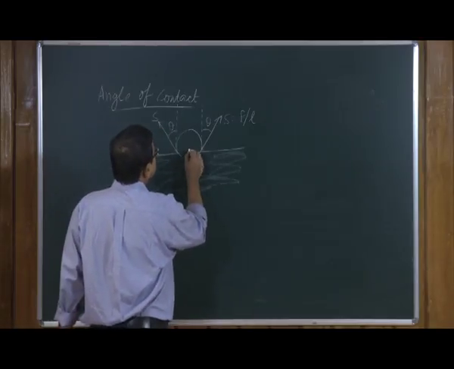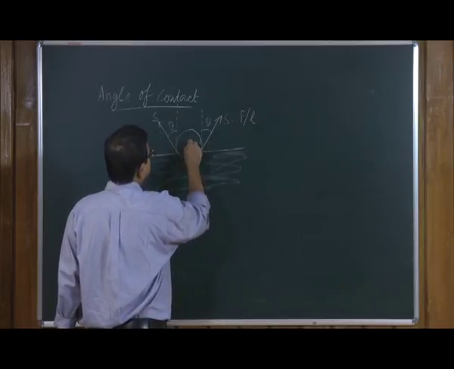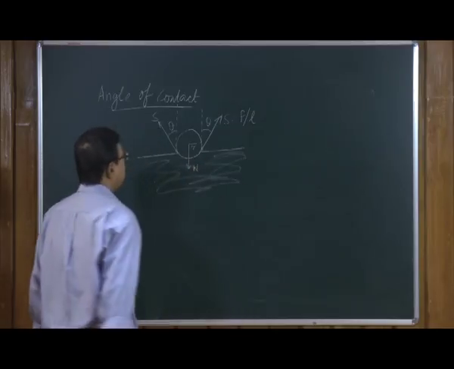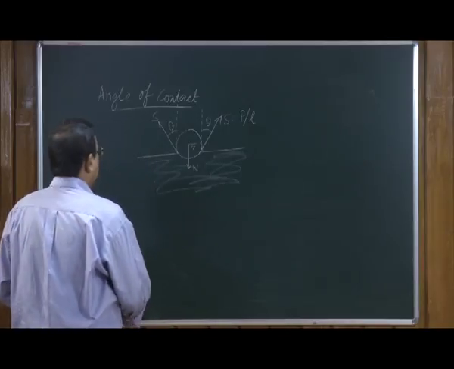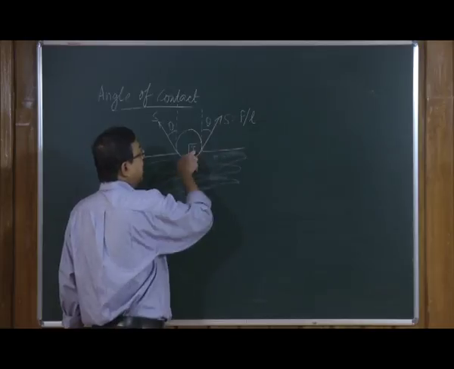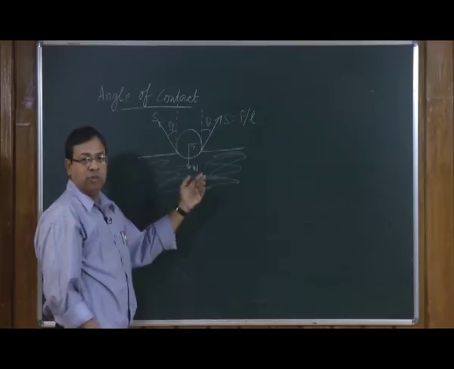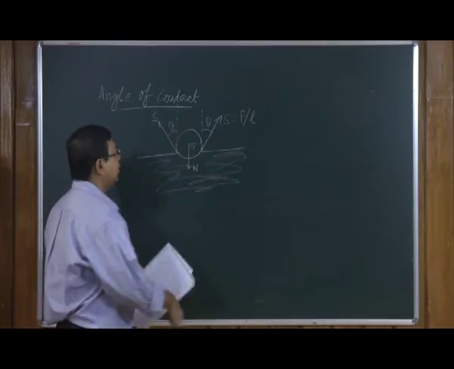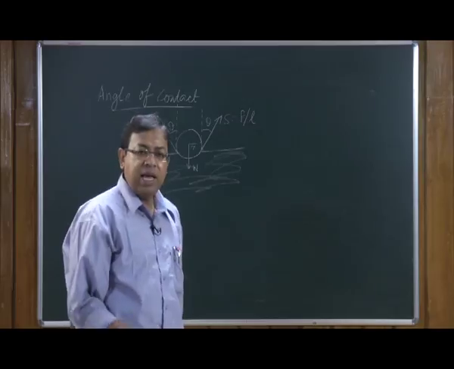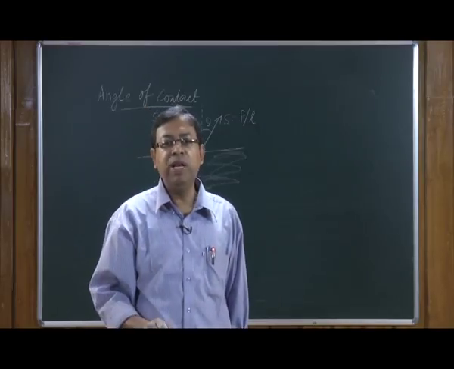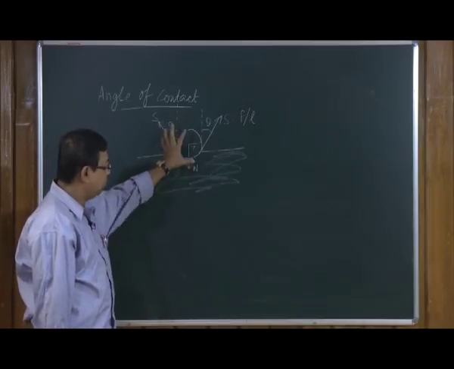So, this sphere, or the balloon, has a radius r and has a weight that is acting downwards, which is due to gravity. So, the surface tension is acting in this direction in order to support the weight. The horizontal components of the surface tension along the surface of the liquid will cancel from both sides, and the vertical components will add up and go on to support the weight of this balloon.